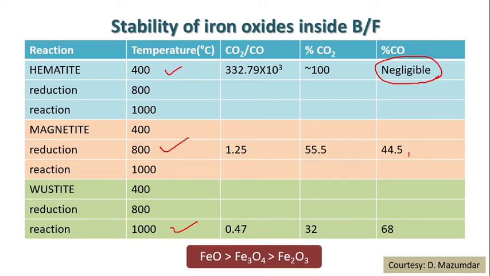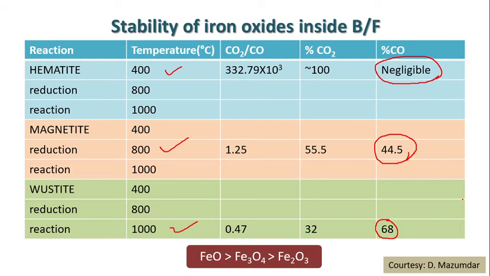About 44.5% of carbon monoxide is required for the equilibrium at 800 degrees centigrade in magnetite reduction, whereas that percentage of CO increases to 68% in the case of Wustite. As we know, in a blast furnace the reducing gas, that means the gas containing carbon monoxide, goes on decreasing as it goes from the bottom to the top.